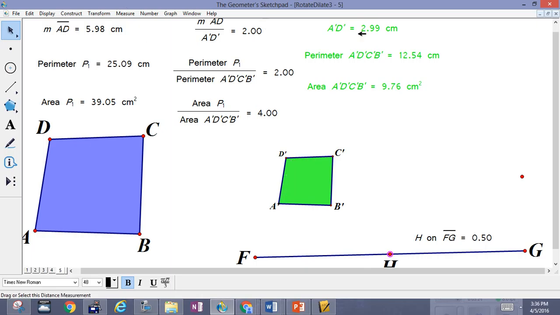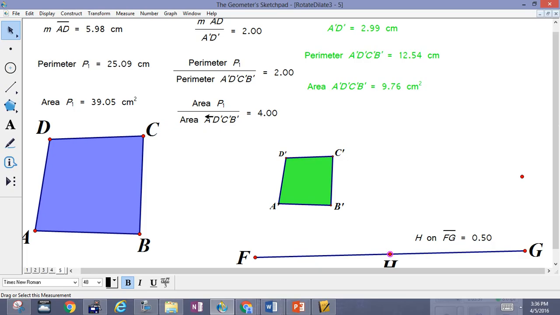So the ratio of my sides is 2 to 1. That is large to small, 2 to 1; small to large, 1 to 2. The ratio of my perimeters is 2 to 1.